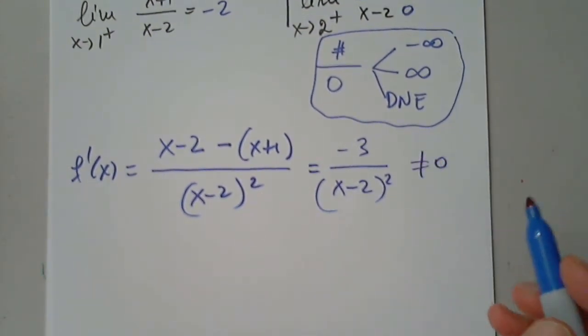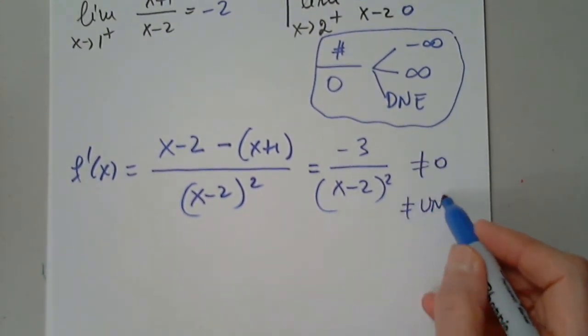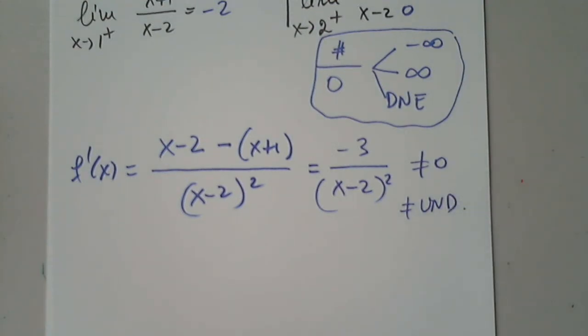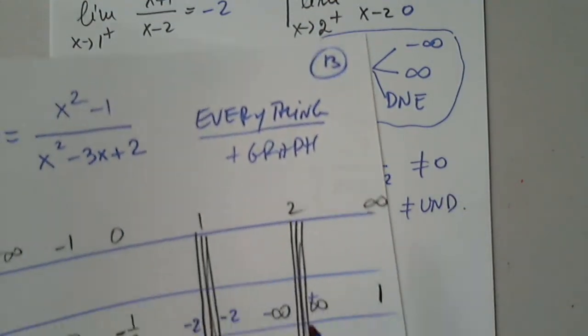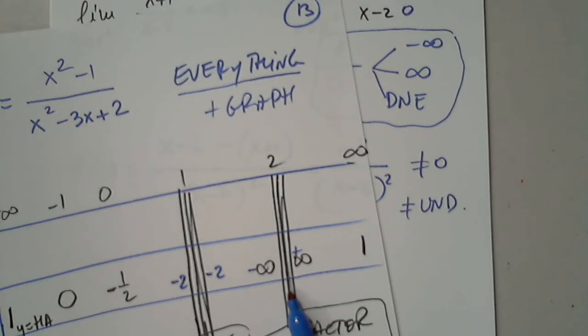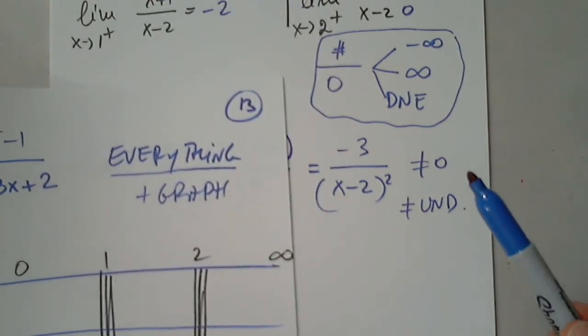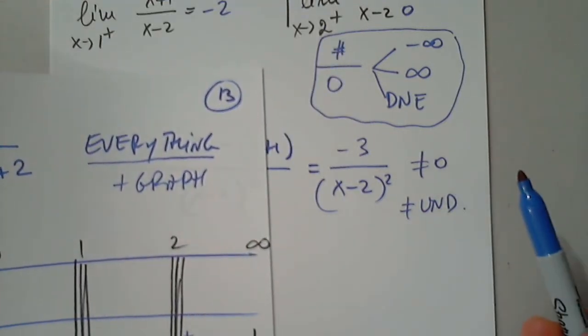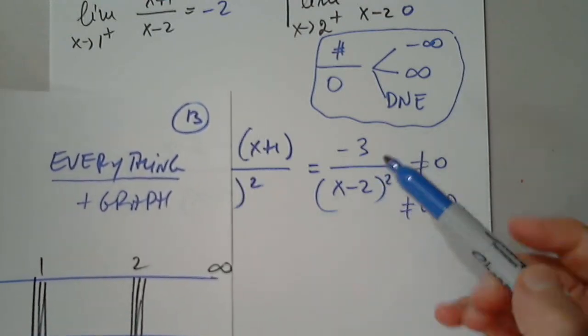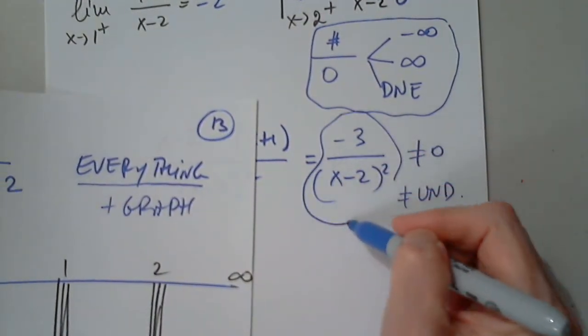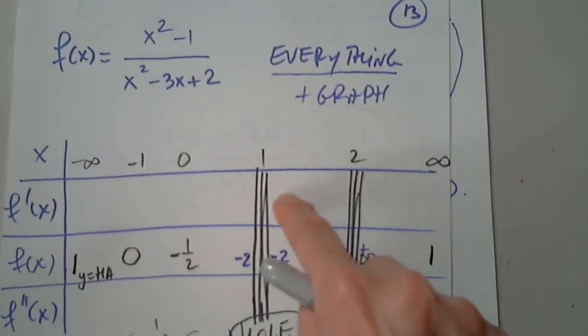Never 0 and never undefined where the function is defined. It's undefined at 2, but so is the function. So because it's never 0, there are no critical numbers. What is the sign? I need the sign of this now so I can put it in.